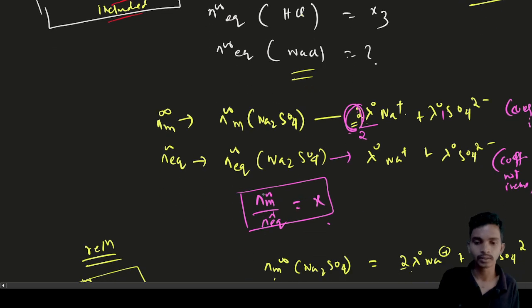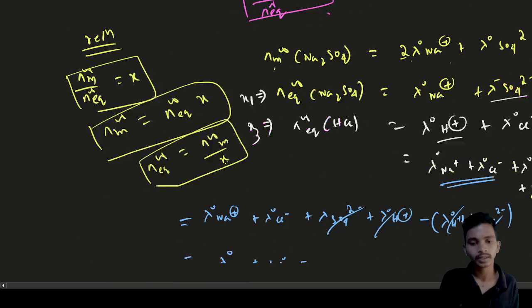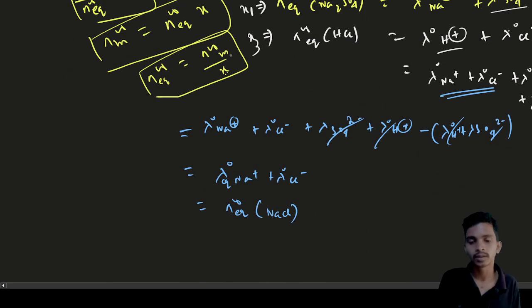Why not included? Because of these relationships. So equivalent conductance is molar conductance at infinite dilution divided by the X factor.